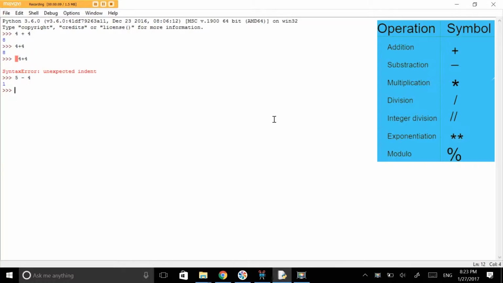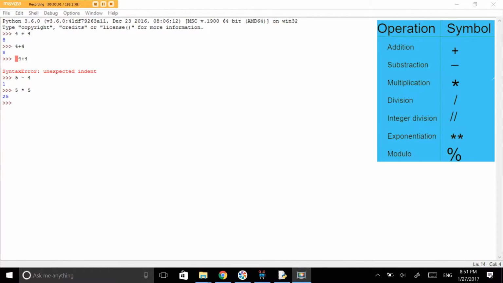To multiply two numbers together, you type in the two numbers and put in the star sign in between them. To type a star sign, you have to press Shift and 8. Okay, so that's going to give us the answer.